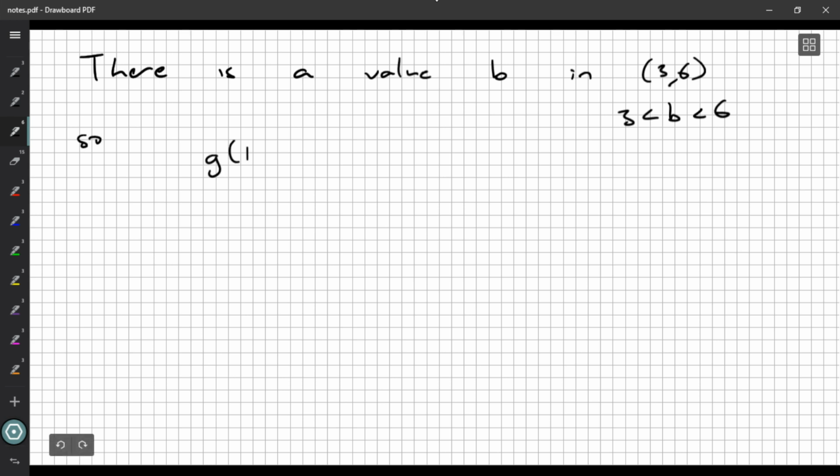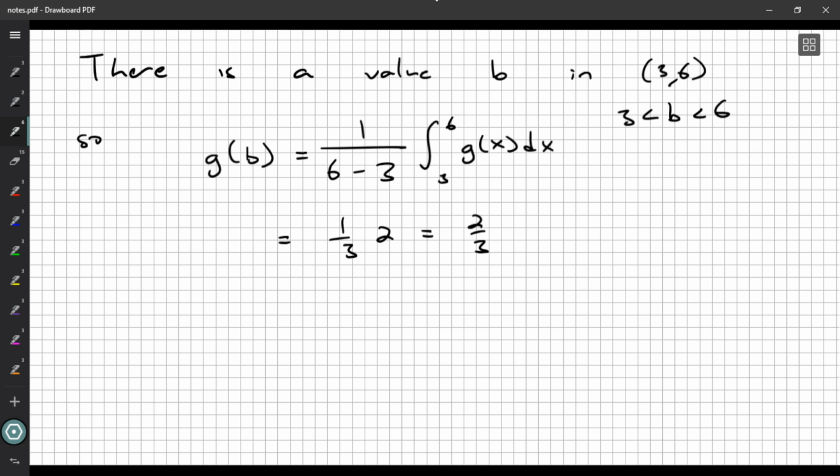So that g at b is equal to 1 over 6 minus 3, the endpoints of our interval, and then the definite integral. But the definite integral is 2. So g at b is 2/3.